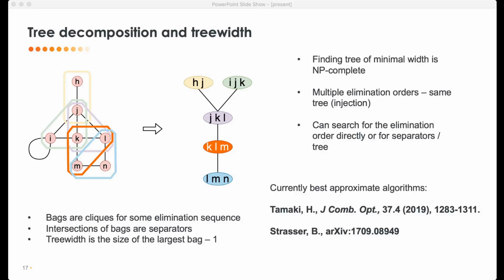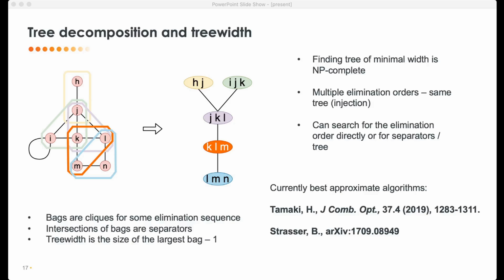Some facts about tree decomposition. Finding tree decomposition of minimal width is NP-complete, and this means that finding an optimal elimination order is also NP-complete. Multiple orders may correspond to the same tree. However, it is easy to extract some order from a given tree.